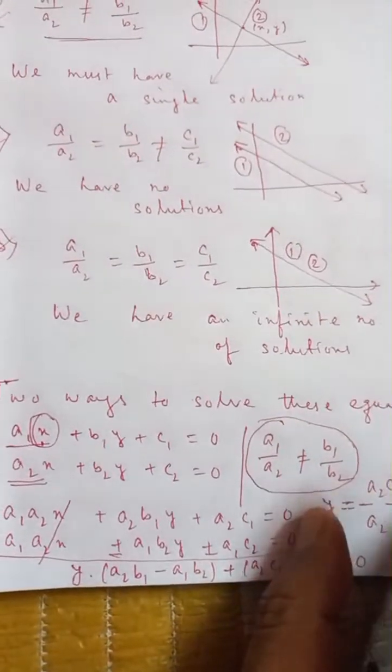Now another way is the cross multiplication way. What is the way?